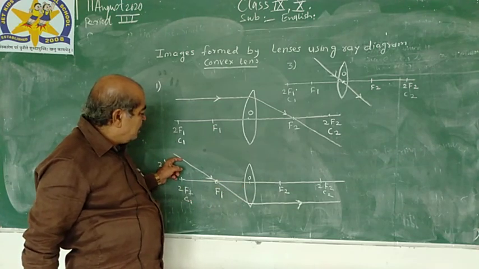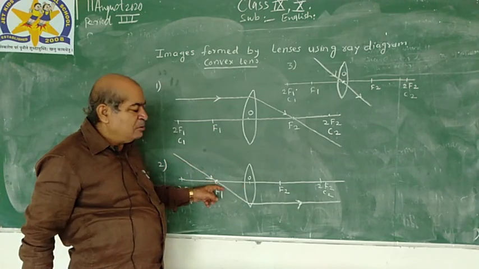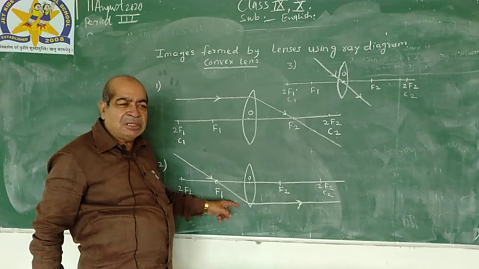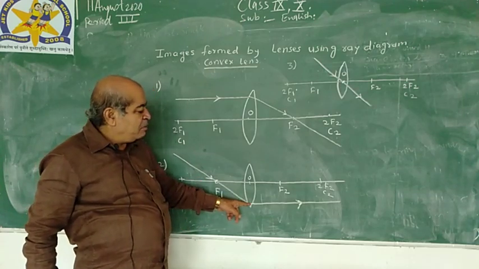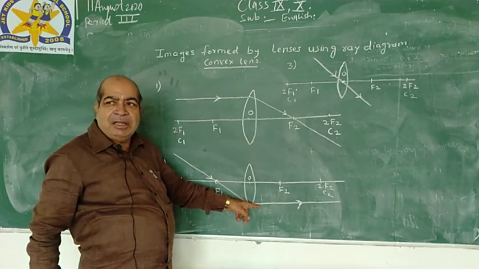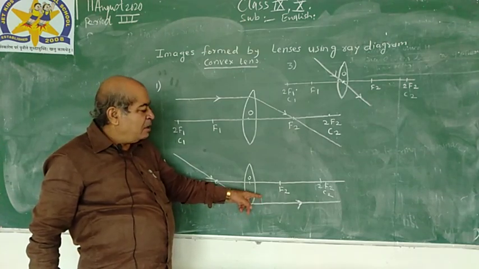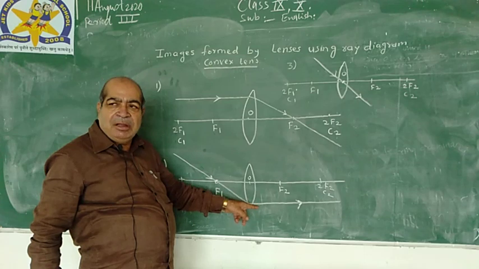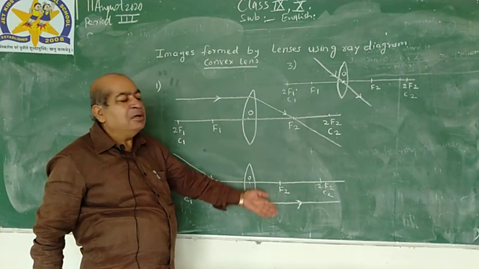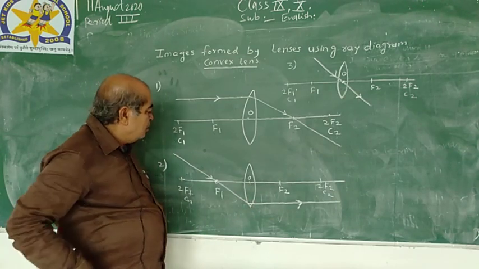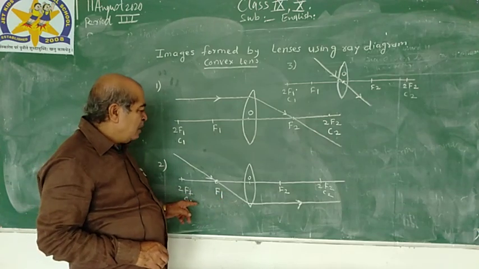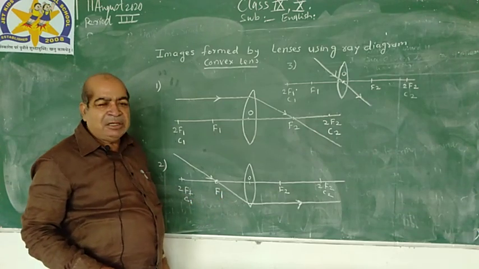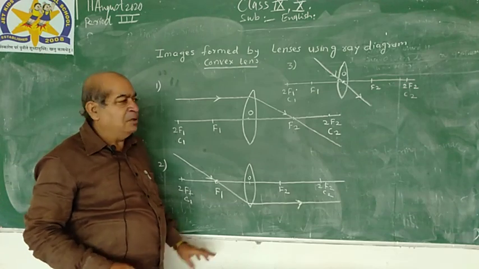This is the ray of light passing through the principal focus F1. Then after refraction the ray of light emerges parallel to the principal axis on the other side. The F1, F2 are principal focus and C1, C2 are center of the curvature.